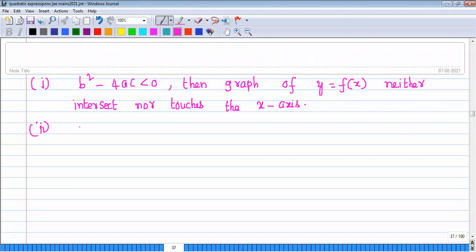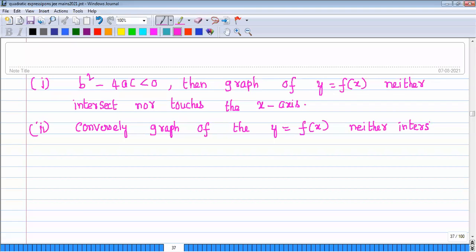So conversely also the statement we can write. Conversely, we can say if the graph of y is equal to f of x neither intersects nor touches the x-axis, then the roots of f of x is equal to 0 are imaginary, or complex numbers, conjugate complex numbers.